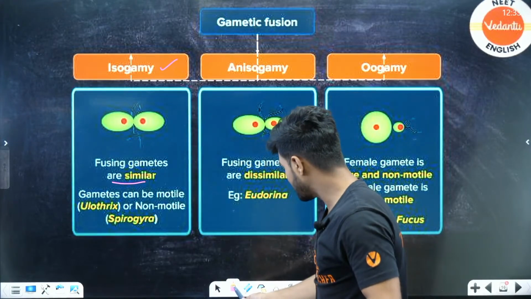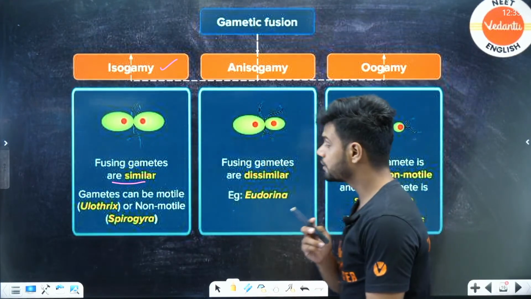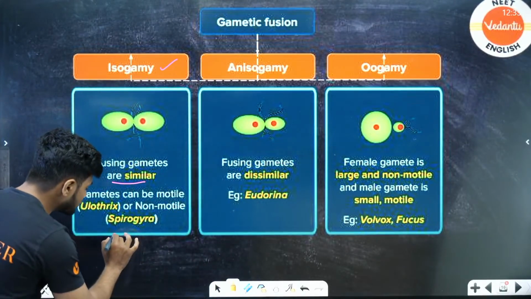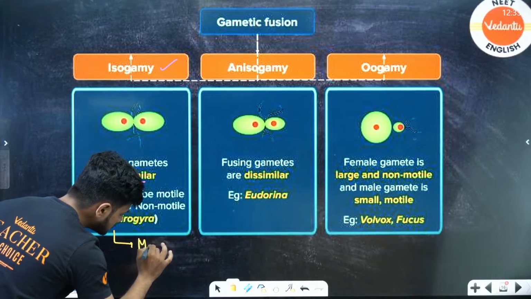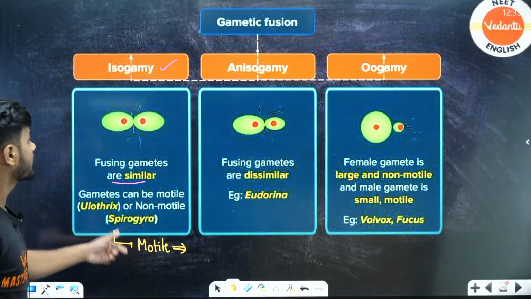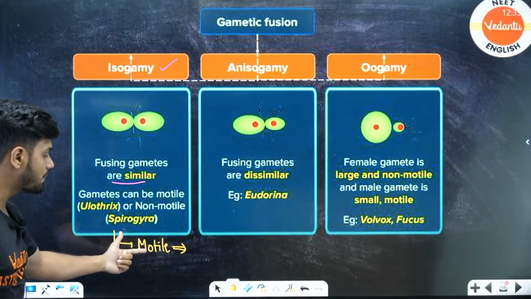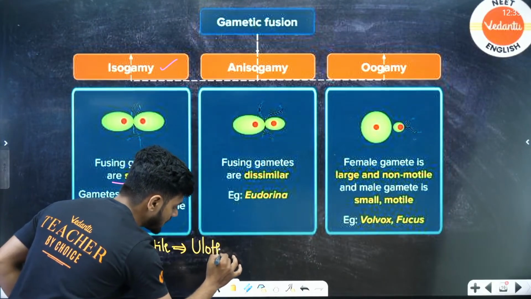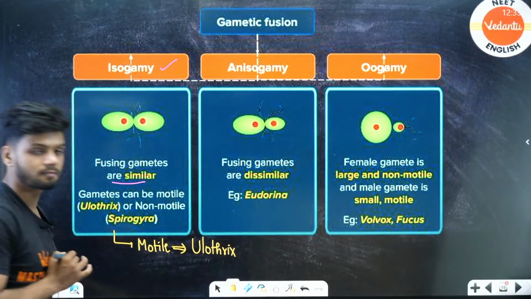Now, listen to me very carefully. I'm going to write it also for you, because example is very important here. If the gametes are motile under isogamous, example is going to be Ulothrix. Clear?